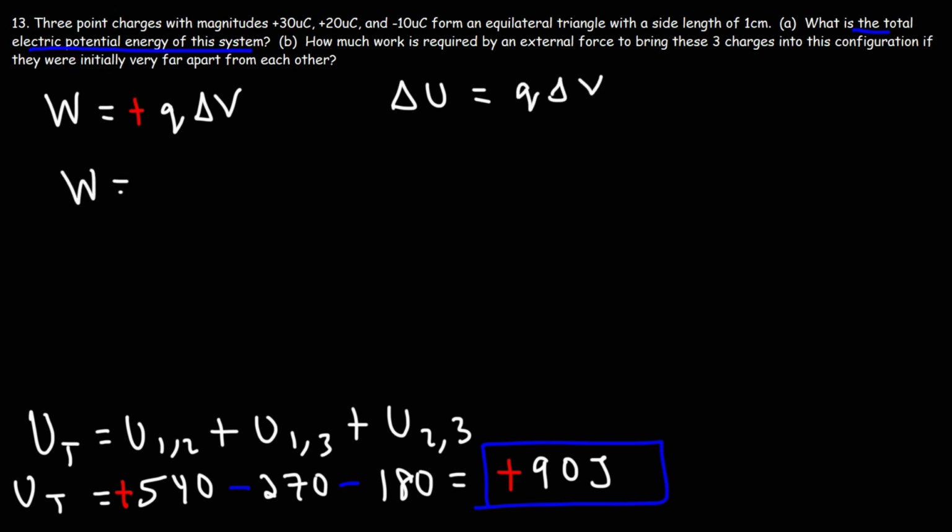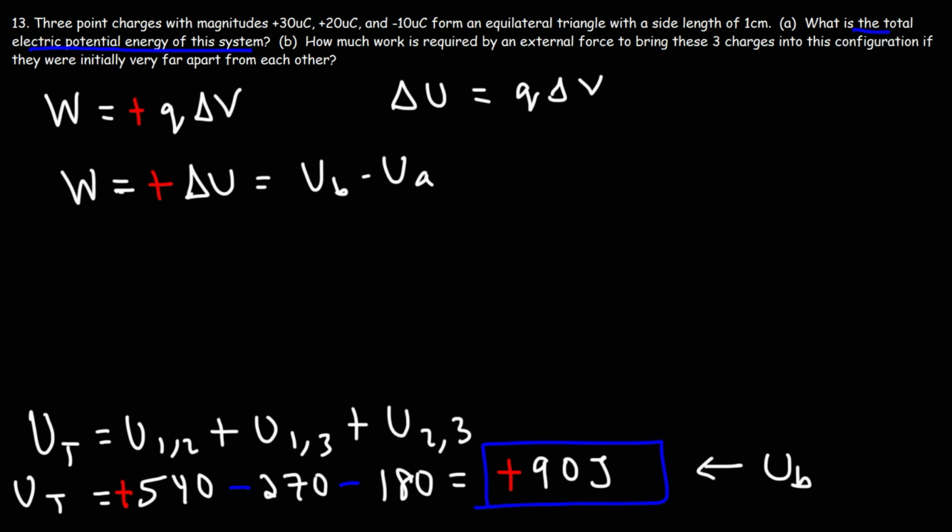So W is going to equal positive delta U for this example, which is UB minus UA. Now we have the potential energy at B. That's the final potential energy when the charges have been assembled together.